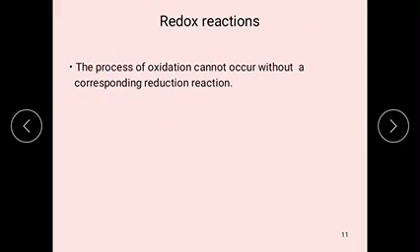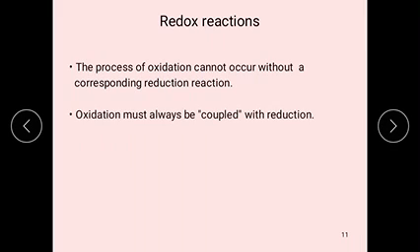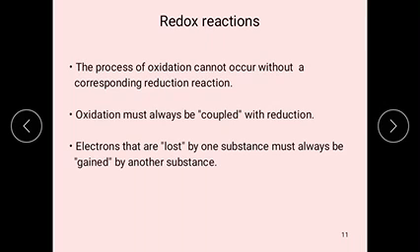And the next one is the redox reaction. The process of oxidation cannot occur without a corresponding reduction reaction. Oxidation must always be coupled with reduction. The electrons lost by one substance must always be gained by another substance.